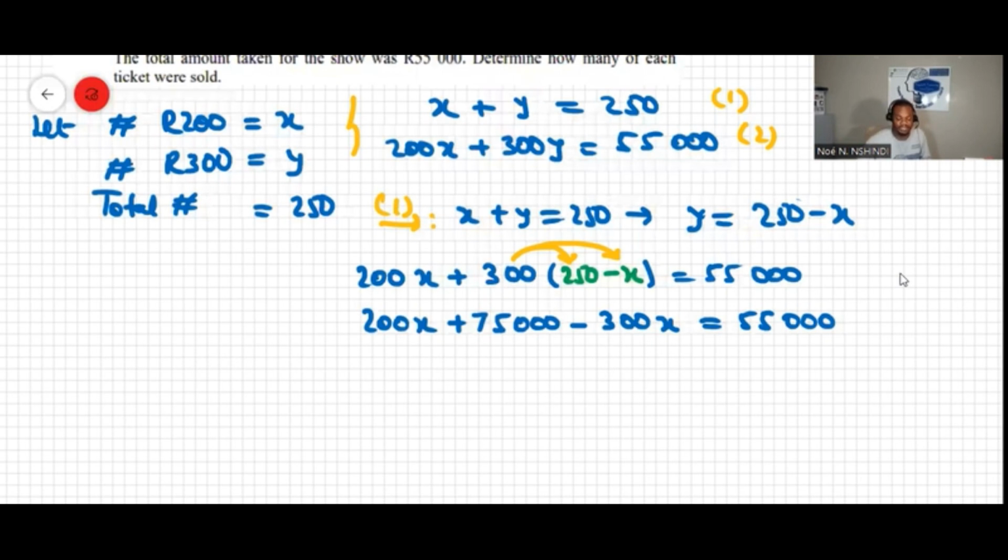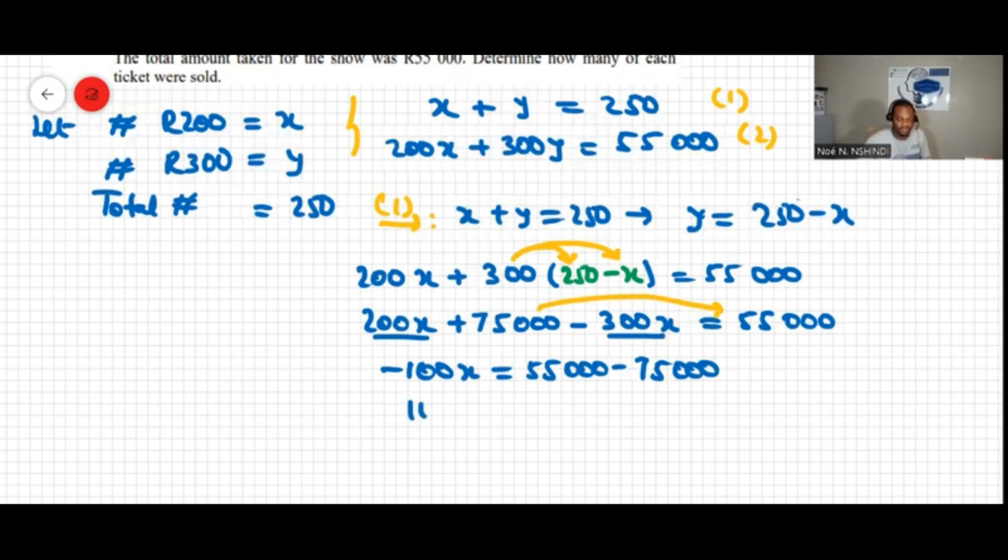Okay, this and this are like terms. We can combine them. That makes negative 100x, and then we can move this over, and then this will be equal to 55,000 minus 75,000, and that makes negative 20,000. So negative 100x equals negative 20,000.